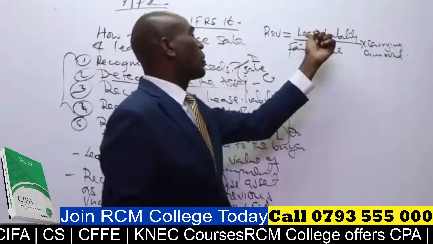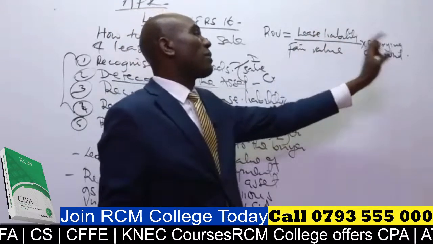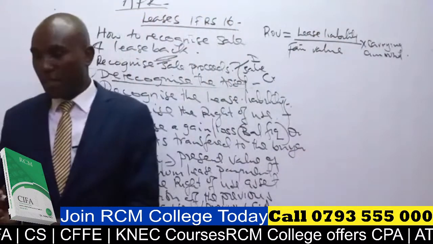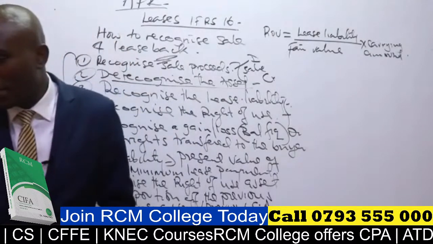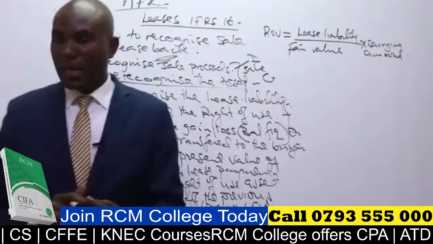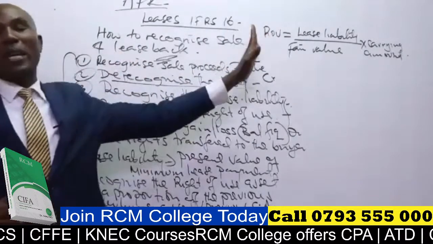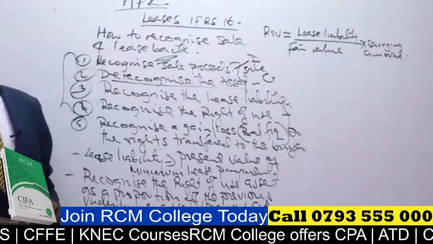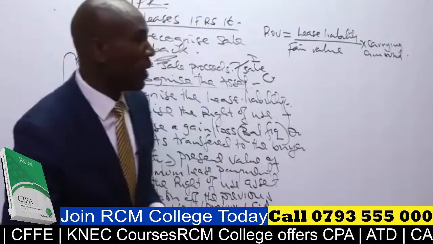Therefore, ROU is the lease liability over the fair value times the carrying amount. That is how you get the right of use asset.